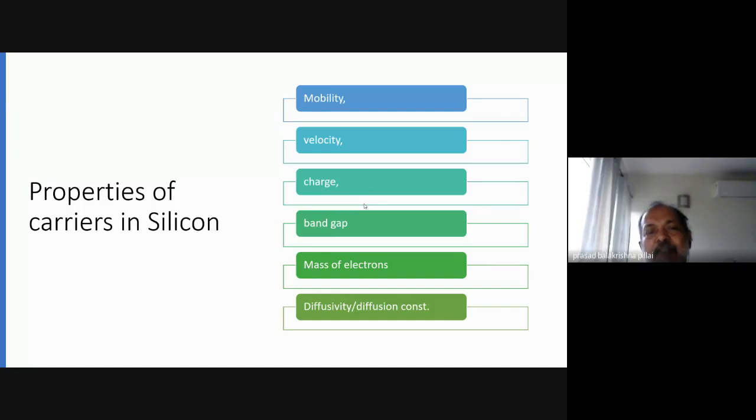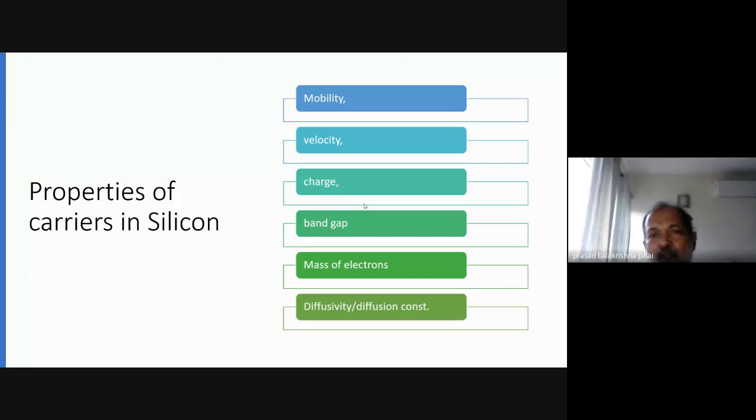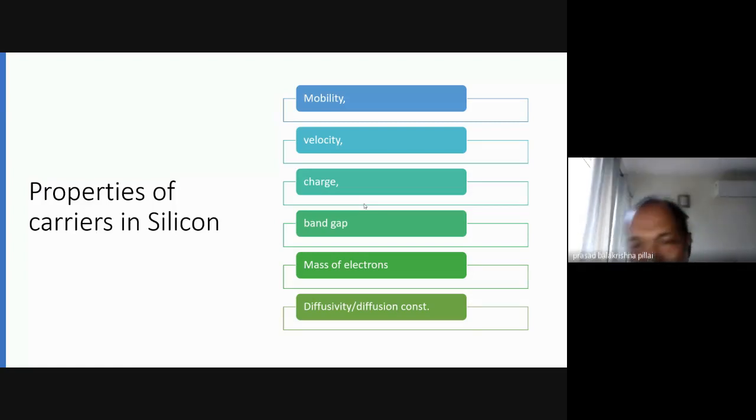So velocity will be decided by the mobility, and mobility is dependent on what? No, mobility doesn't depend on that. See, for example, I don't know who is the heaviest among you.